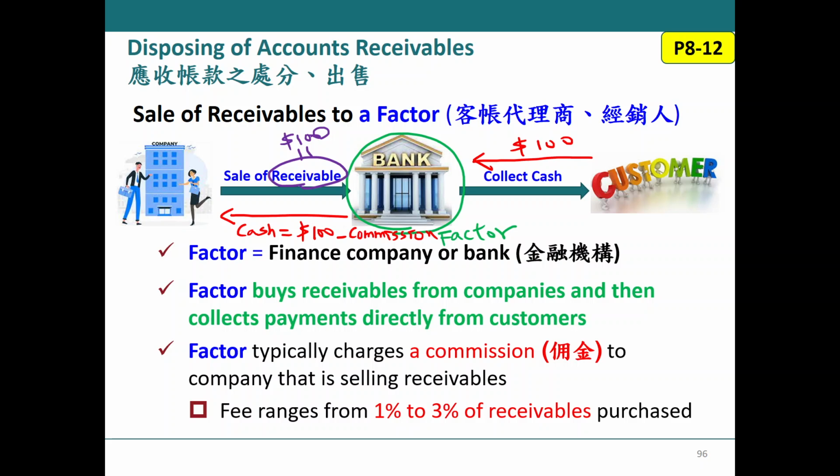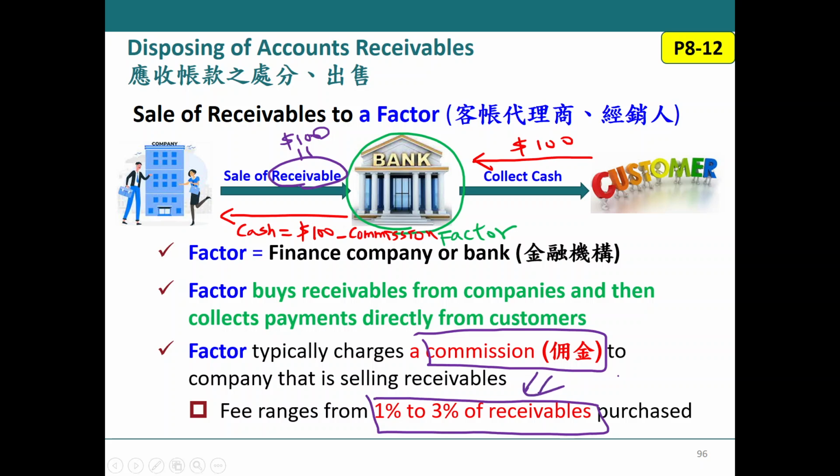That depends on the deal, the negotiation between your company and the bank. Okay, so 1%, 2%, 3%, not sure, or 5%, maybe. Okay, any questions? No problem.